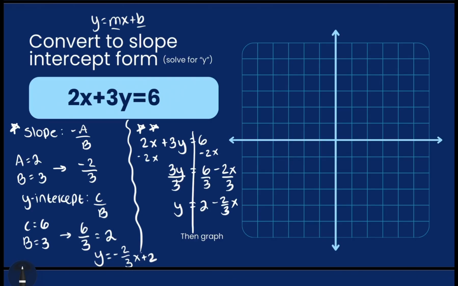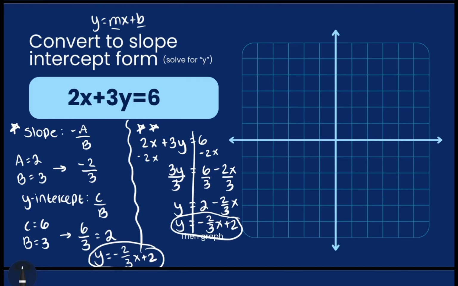But remember that x always goes first in slope-intercept form. So I'm going to rewrite this as y equals negative 2 over 3x plus 2. And just like that, both methods give me the same exact answer. Whichever one you feel more comfortable using, that's what you should go ahead and use.